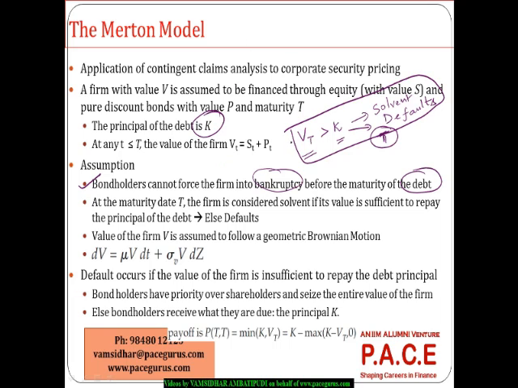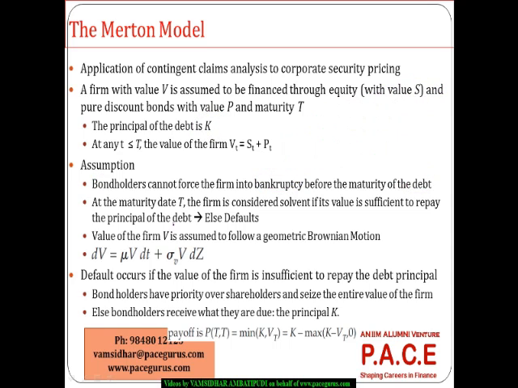And coming to the way the value of the firm is assumed to move, this model made an assumption that it follows a geometric Brownian motion. Means a small change in the value is mu times V dt, a drift portion, plus the volatility portion. And we know that in this kind of representation dz is nothing but a standard Brownian motion.